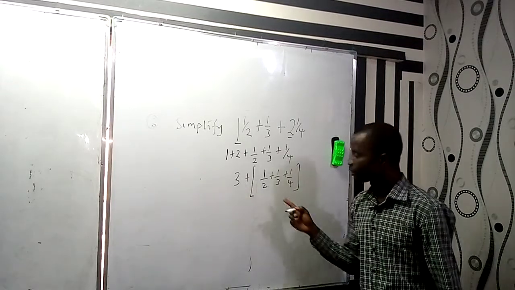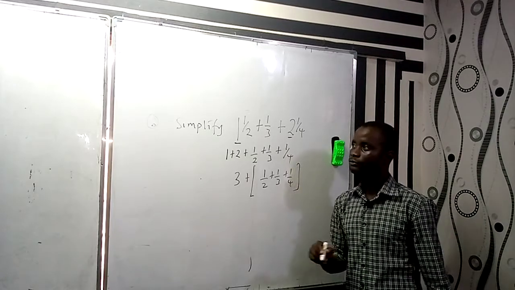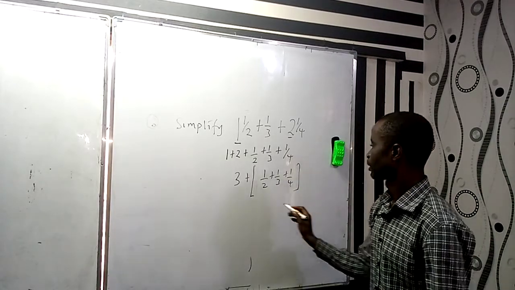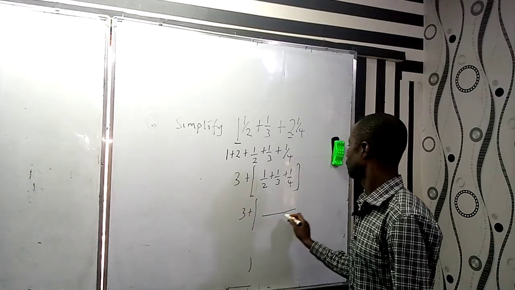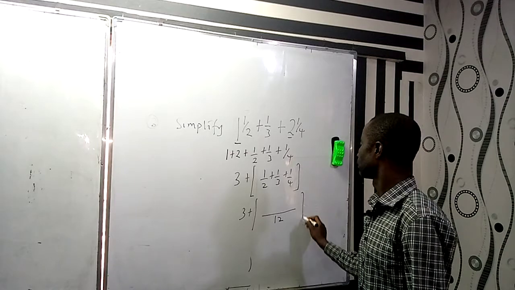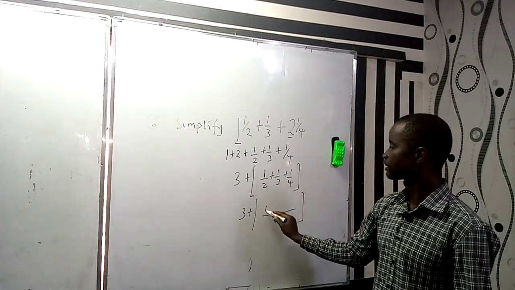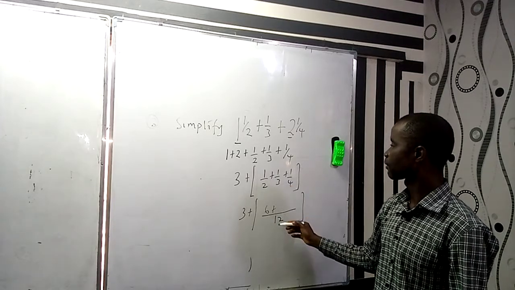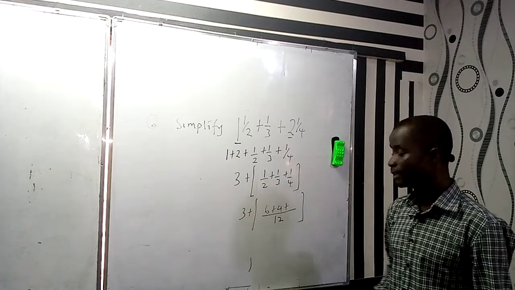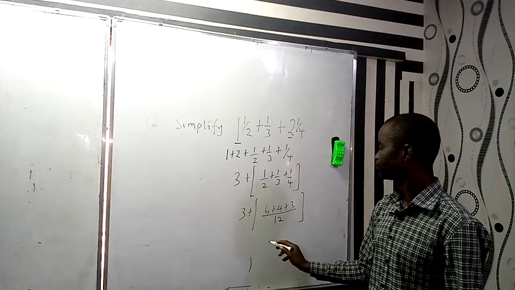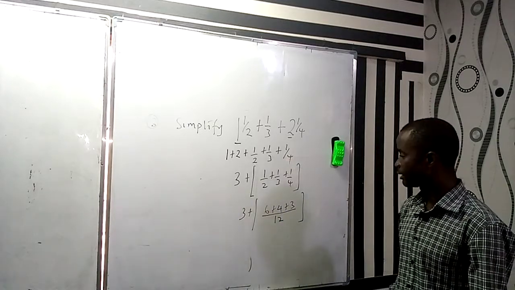And then the next step, you find the LCM of 2, 3, and 4. The LCM is 12. 2 goes in 12 is 6. 6 times 1 is 6. Plus 3 goes in 12 is 4. 4 times 1 is 4. 4 goes in 12 is 3. 3 times 1 is 3. Therefore, 6 plus 4 is 10. 10 plus 3 is 13.